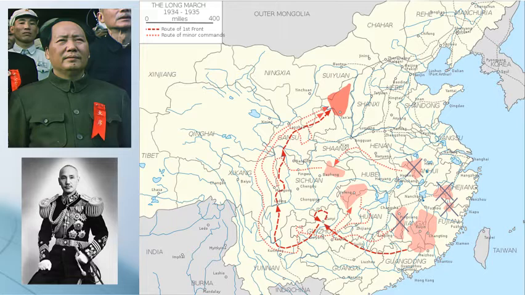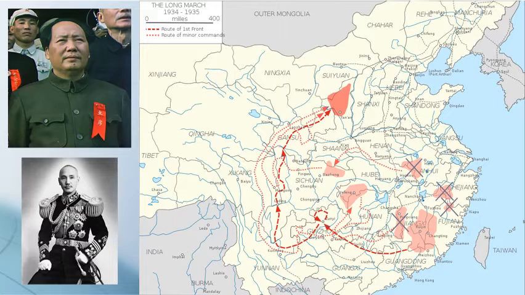So he leads an army of nationalists and some communists north to defeat the other warlords and unify the country. He succeeds in unifying the country, but along the way he has a falling out with the communists, and he purges them and starts the Chinese Civil War.